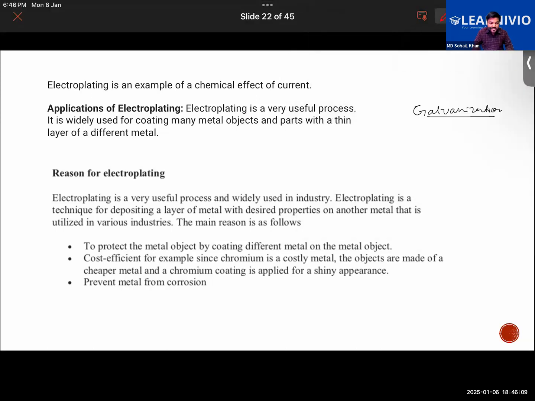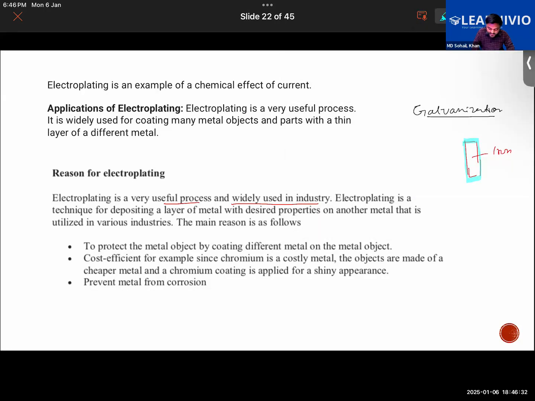So we see that it is a very useful process and widely used in industries. It is a technique of depositing a thin layer of metal with desired properties over another metal. For example, we have this iron, and we are depositing a thin layer of zinc over it.